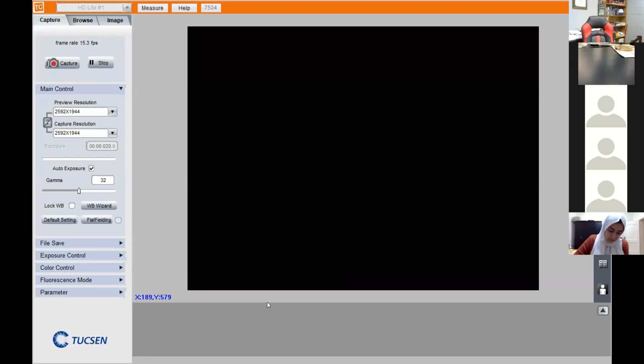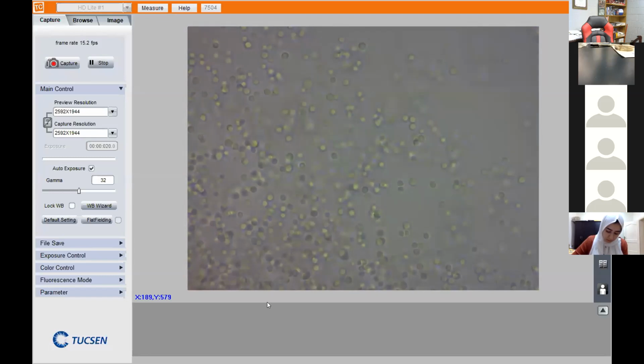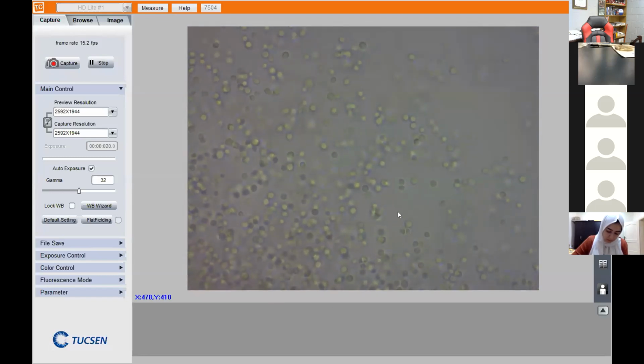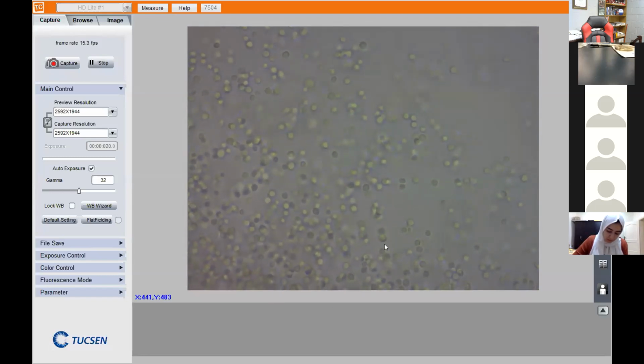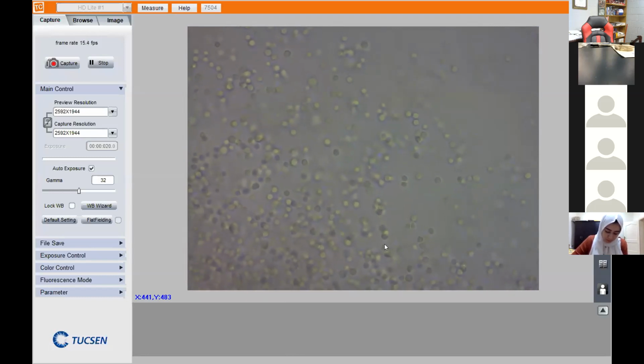Okay, let's do this one because this one basically turned into more of a yeast form. So you remember this slide still had white in the middle.